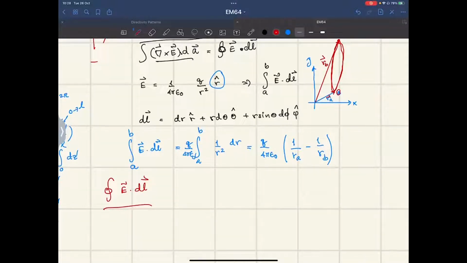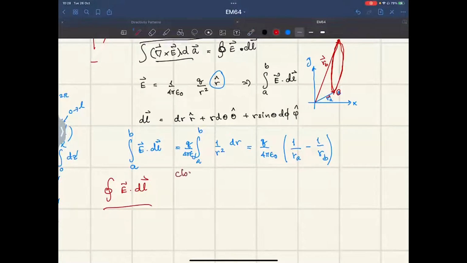Can anyone tell me? You're going from A and coming back to A. What does this mean? It means that RA and RB are equal.